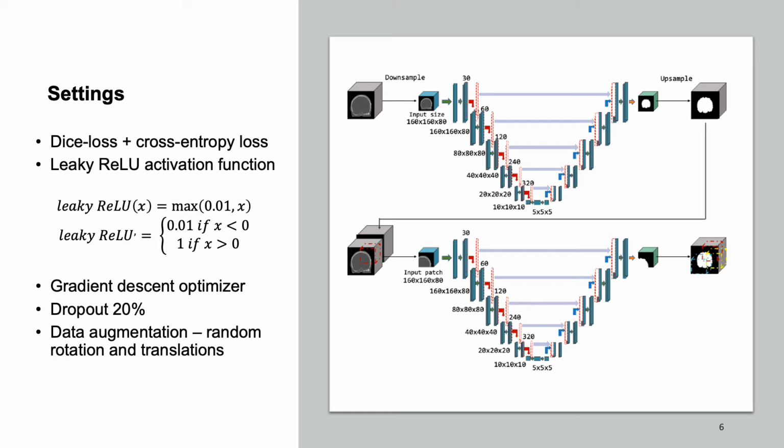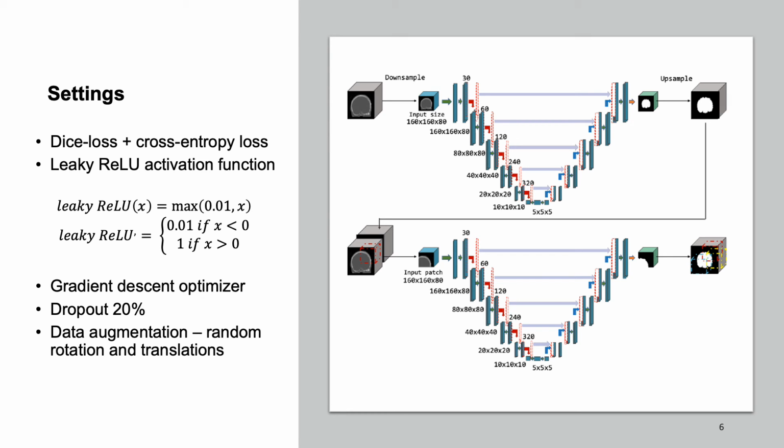In order to mitigate class imbalance problems, the framework utilized a loss function combining a dice loss and cross-entropy loss. The activation function was a leaky ReLU function with inclination of 0.01. The second row of the mathematical equation on the slide is a derivative of the first.